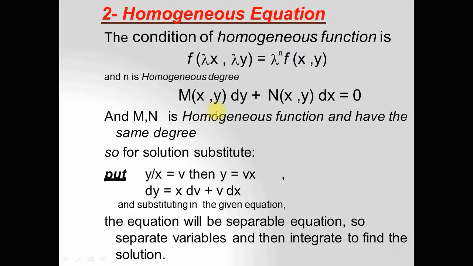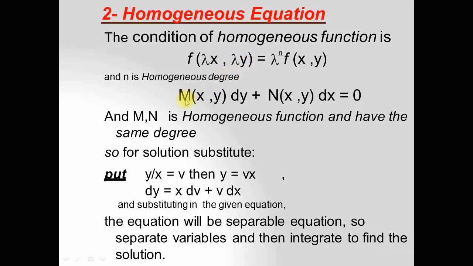Now the homogeneous differential equation and its solution procedure. The condition of a homogeneous function is: suppose we have a function f of lambda x comma lambda y. If this function can be written as lambda to the power n times f of x y, then the function is called a homogeneous function and n is the degree of this homogeneous function.